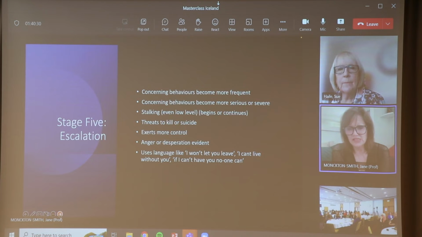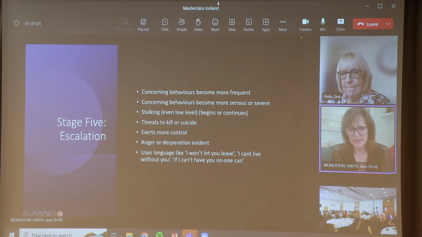We might see threats to kill or threats to suicide at this stage. They may become more angry and more desperate. Language like, "I won't let you leave, I can't live without you, if I can't have you, no one can." So this is the context in which everything's happening. And what we found was they tend to throw everything at this situation at this point.